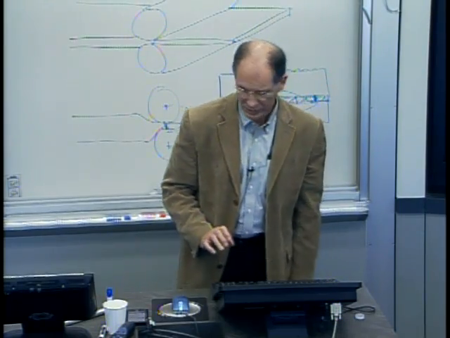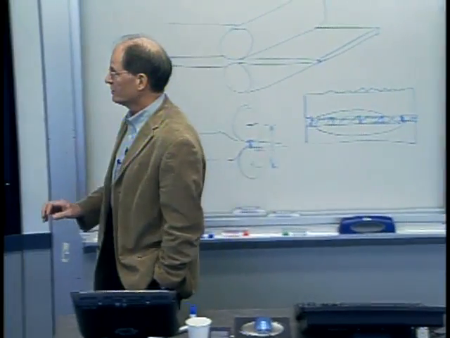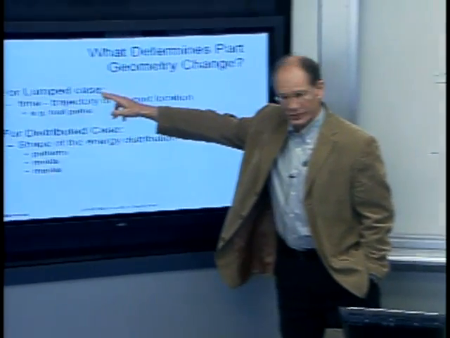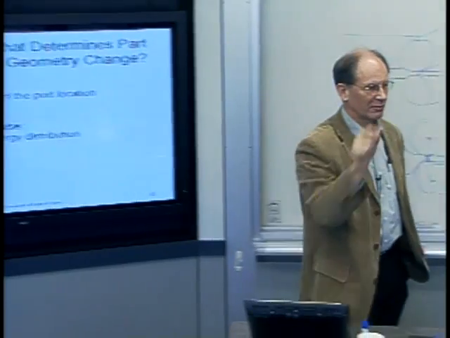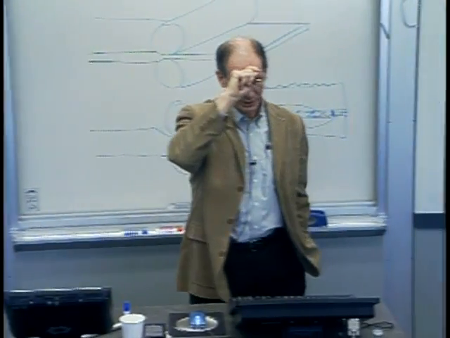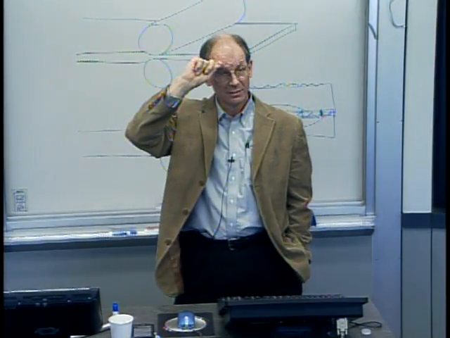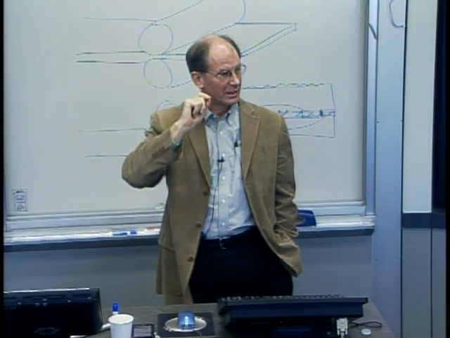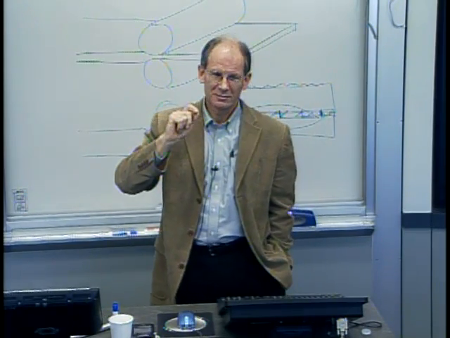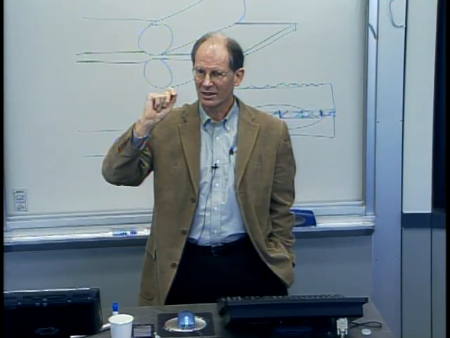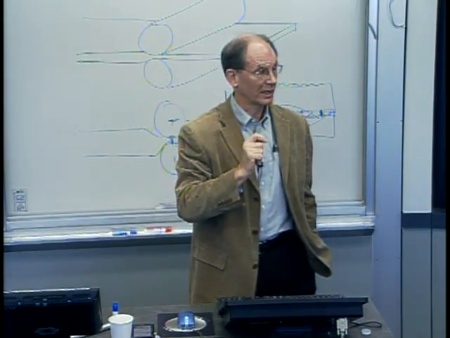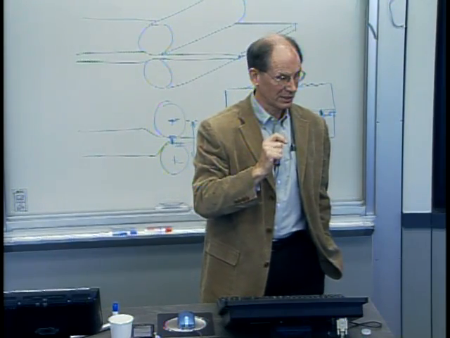Okay. So just to summarize this again, for this lumped or serial case, the time trajectory of that interaction port is one of the most important things. So robotic manufacturing, which was all the rage for many a year until we found out it wasn't really such a thing to be rageful about, works for a limited class of processes pretty well.